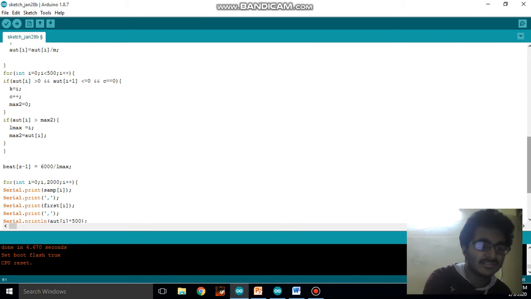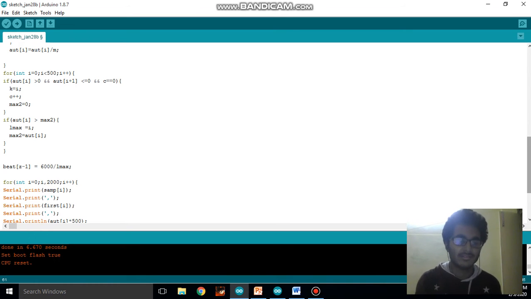Here we use z minus so that we get each pulse rate value for a 500 samples frame. Here we use 6000 because we have 100 samples per second and we need 60 seconds, as the pulse rate is in beats per minute, so 60 into 100 gives 6000.